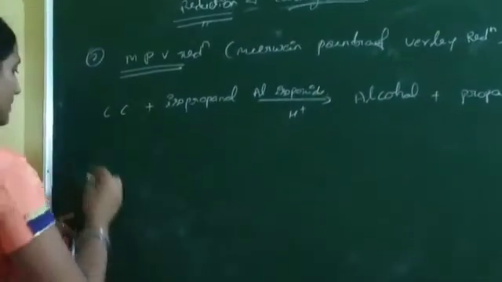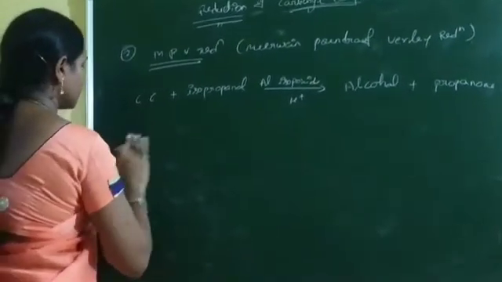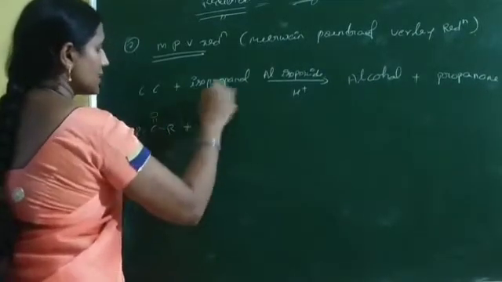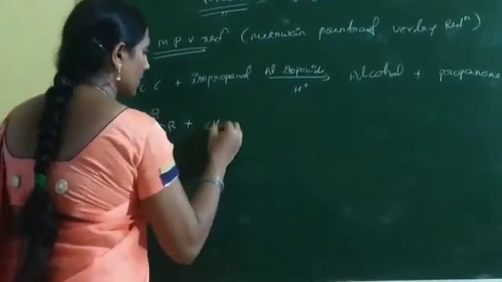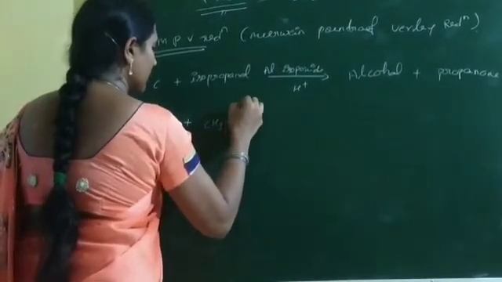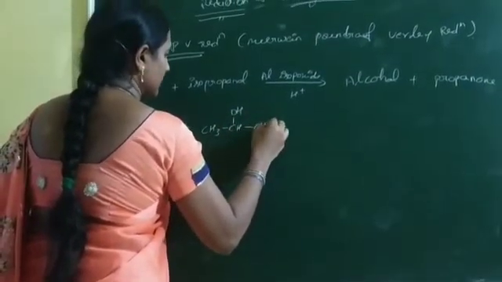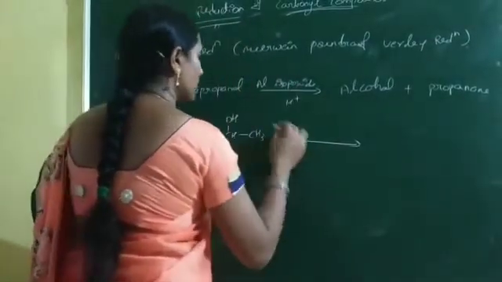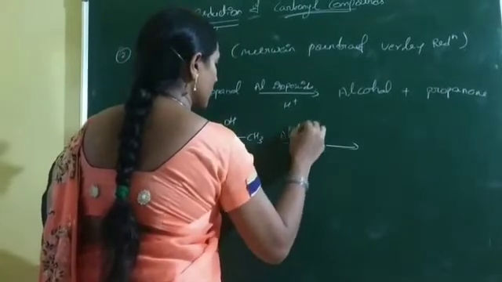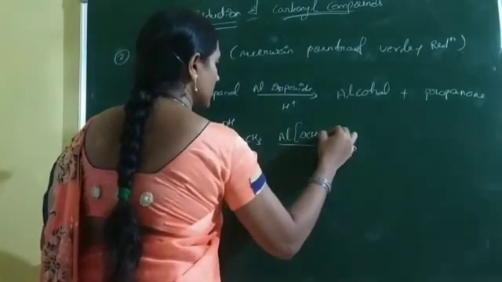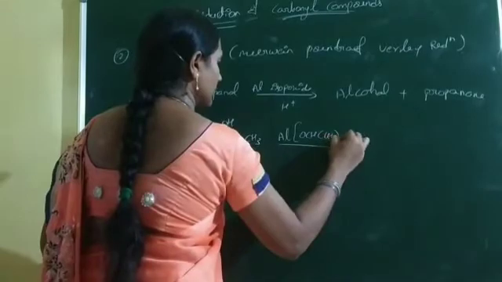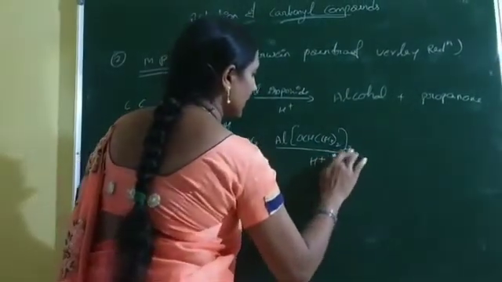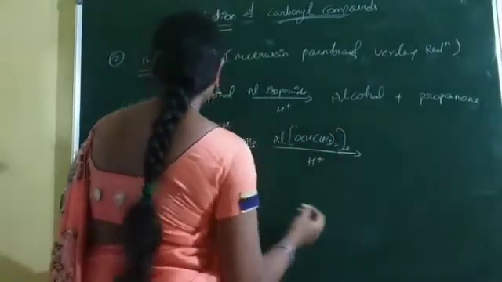In the reaction, you take ketone. The ketone is treated with isopropanol. The isopropanol structure is CH3, C, OH and CH3, in the presence of aluminium isopropoxide, aluminium O, CH, CH3 twice, and 3. Aluminium isopropoxide in acidic medium forms alcohols.